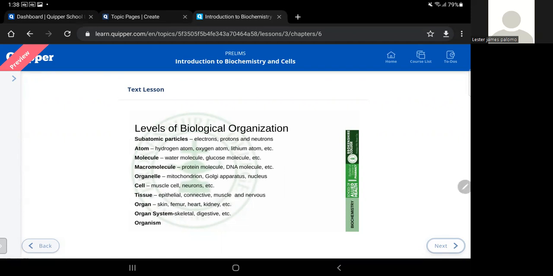Then followed by tissues. Of course, the four types of tissues: epithelial, connective, muscle, and nervous tissues. And in each of these we have different classifications. Like for epithelial, we have squamous, stratified, pseudostratified, and among others.